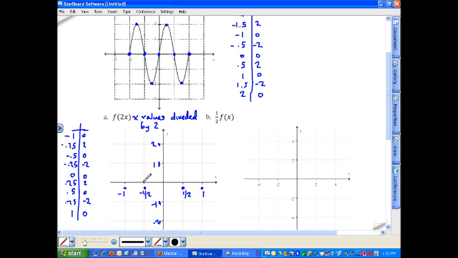Now just plot the points: -1, 0, -0.75, -1/2, 0.